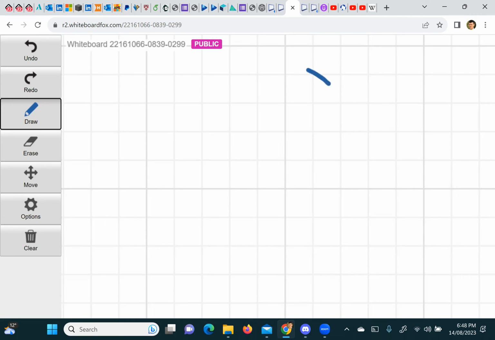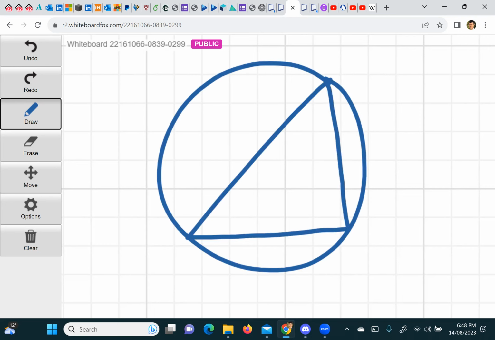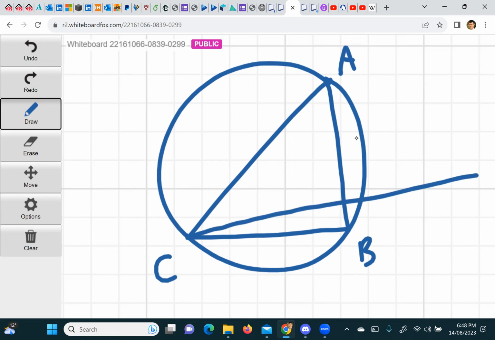So you have a triangle ABC, yeah? Then you draw the altitudes, the altitude at C and the altitude at B. You get the midpoint, call it M, and you get the mid arc here.